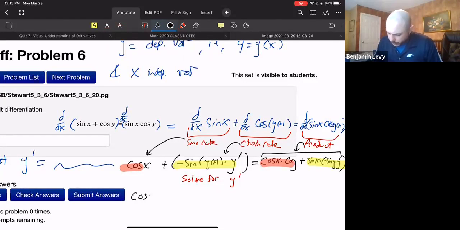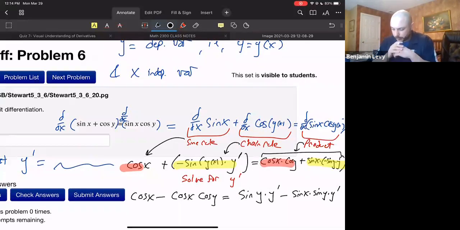So how about cosine x minus cosine x cosine y? I'm going to add the thing to the other side, right? So it's going to be sine y times y prime. I think that's what I was going for. And then you can factor out the y prime, which is why we did that, right?